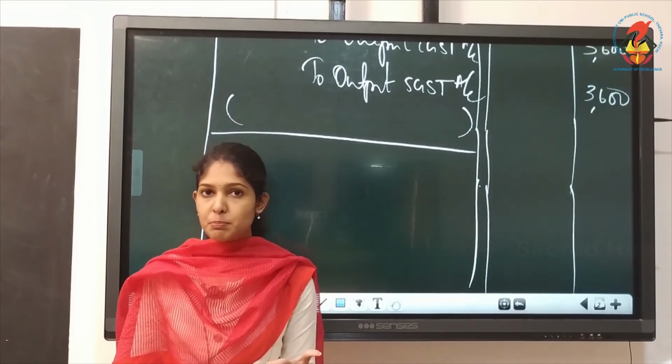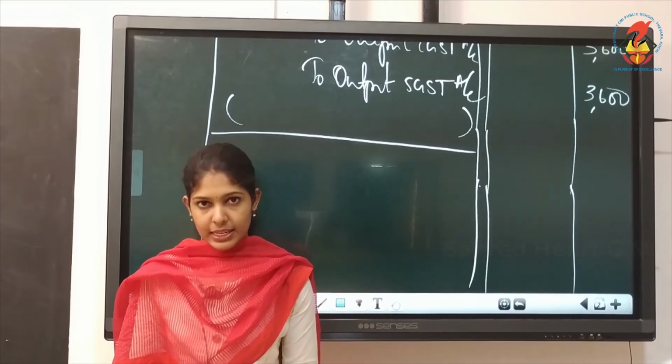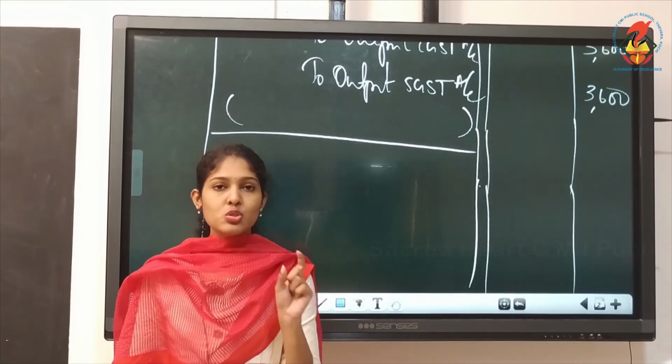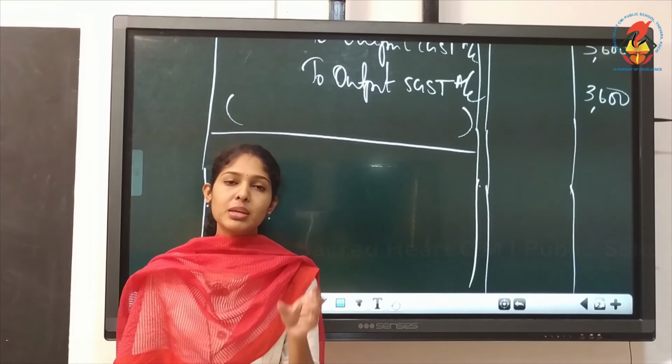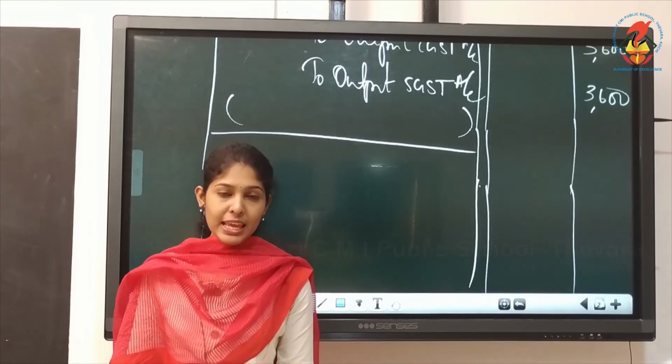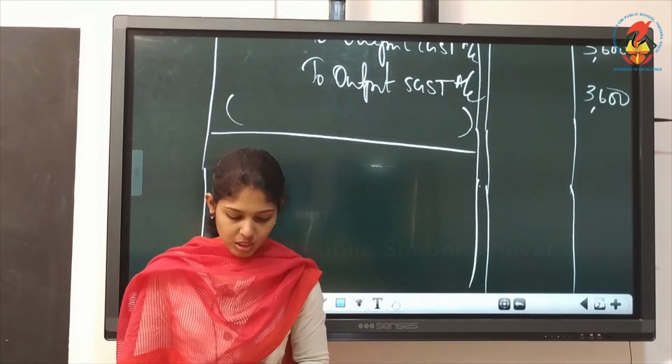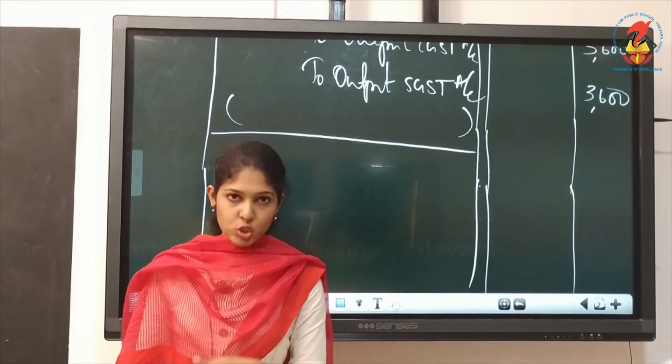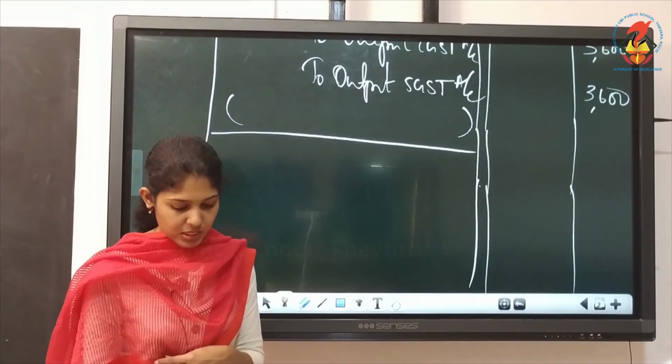Otherwise, you will simply charge CGST and SGST. Understood? So, make it a habit, read each and every word of your question very carefully. Even the place is important. So, here we will write IGST and it is at the rate of 18%.